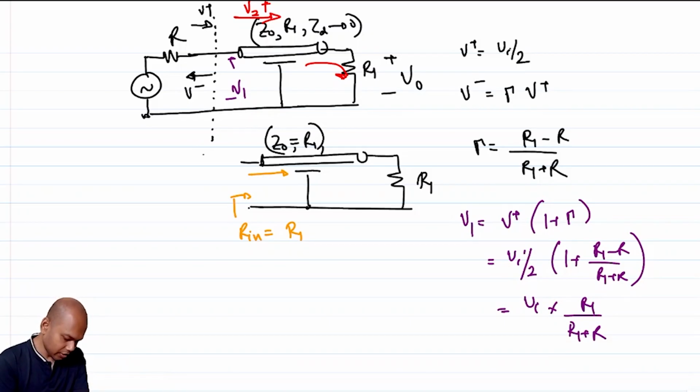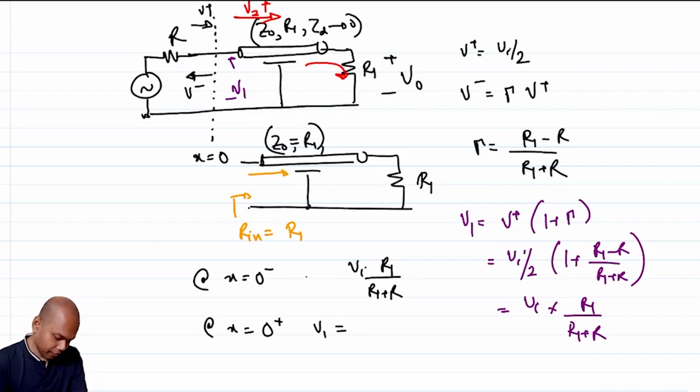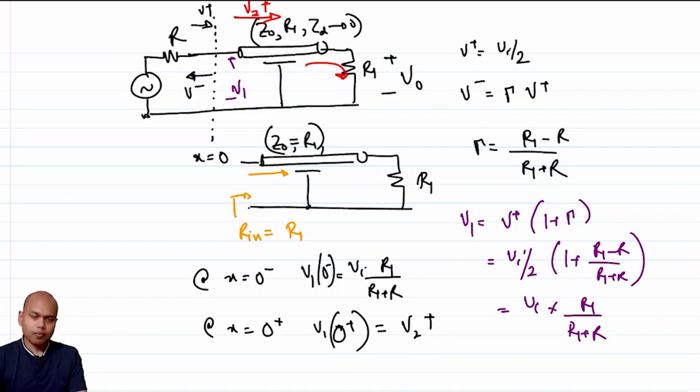So if I call this x equal to 0, then at x equal to 0 minus, V1 is equal to Vi times R1 by R1 plus R. At x equal to 0 plus, I called it V1 at 0 plus, this is equal to V2 plus, right?